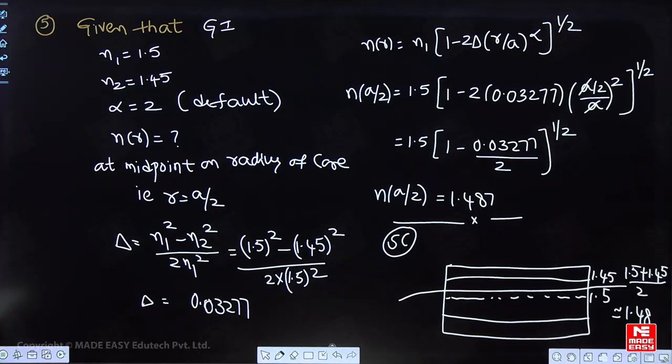What is the large core radius for which this fiber is single mode?